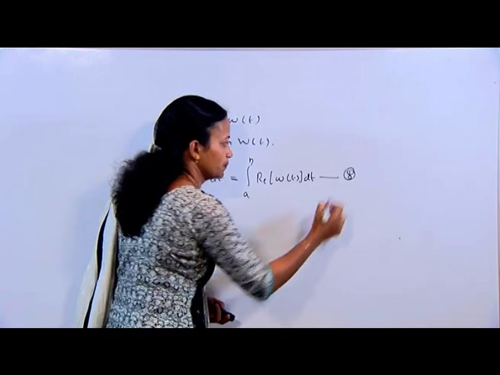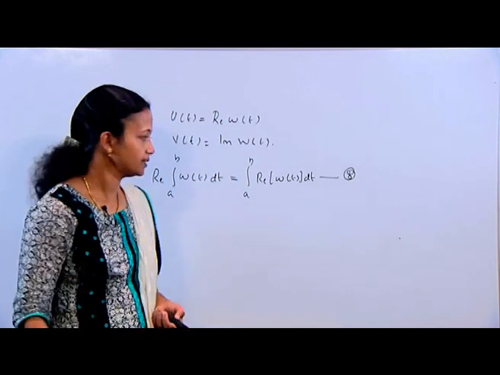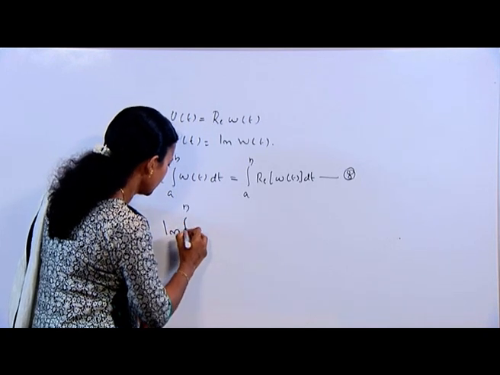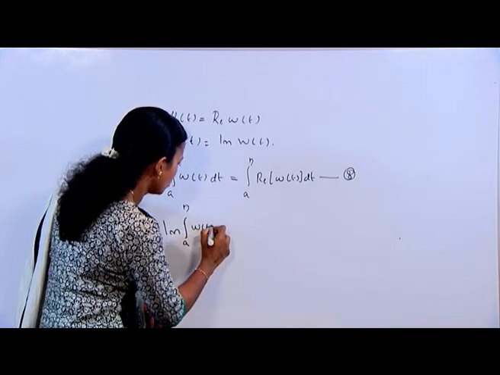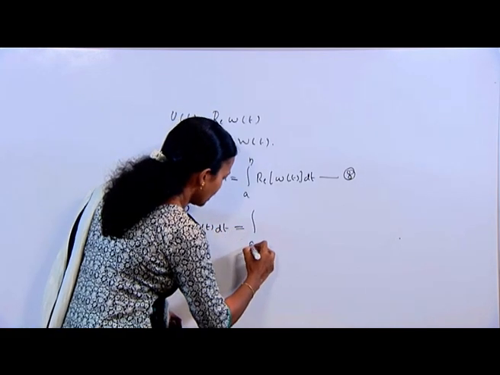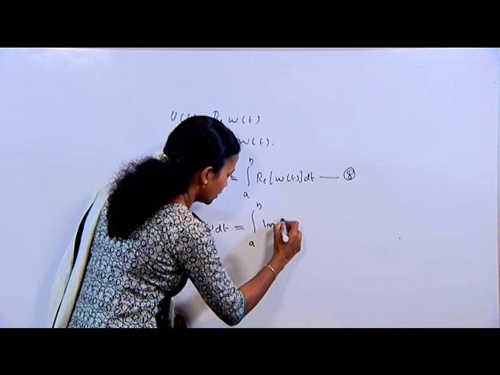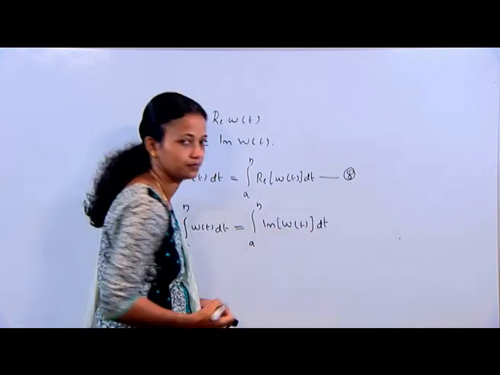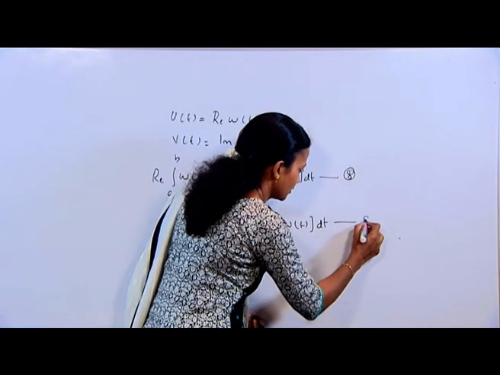Next, equation number 8, and again I can write the imaginary part of integral a to b w(t) dt is equal to integral a to b imaginary part of w(t) dt. Mark it as equation number 9.